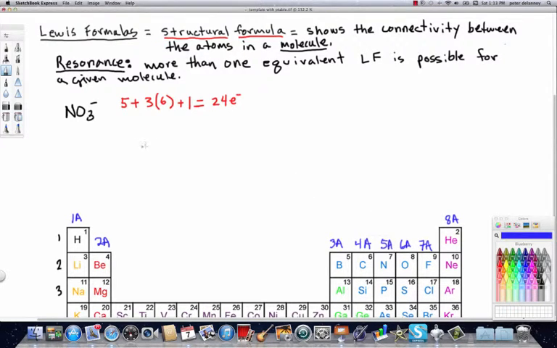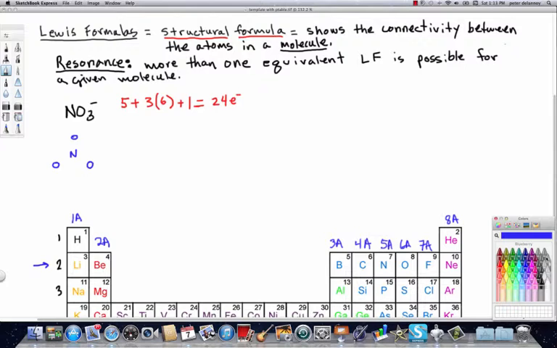We follow our steps. The next thing we're going to do is write a skeleton structure. If I didn't mention this, here is another aspect of the fact that nitrogen is in period 2: nitrogen must abide by the octet rule, so we're not going to be violating the octet rule here.